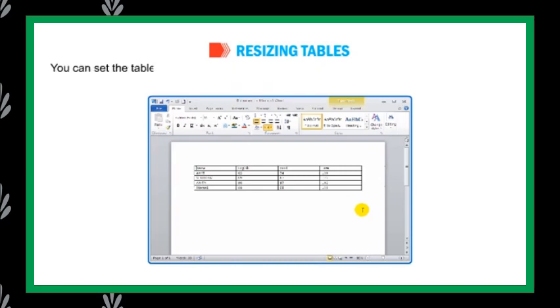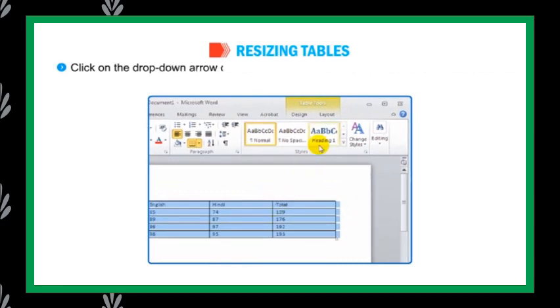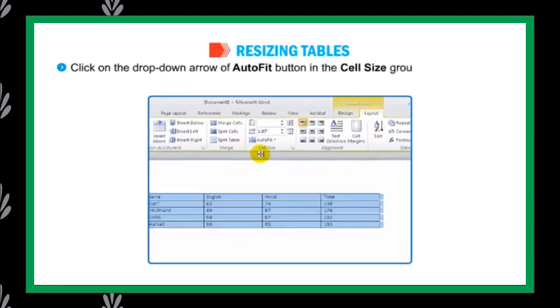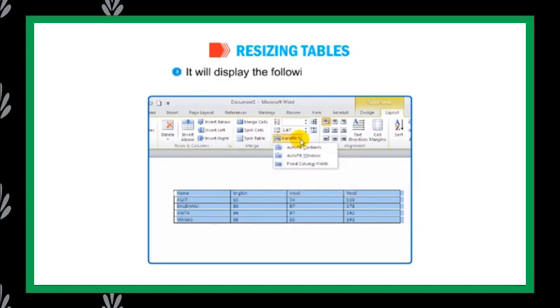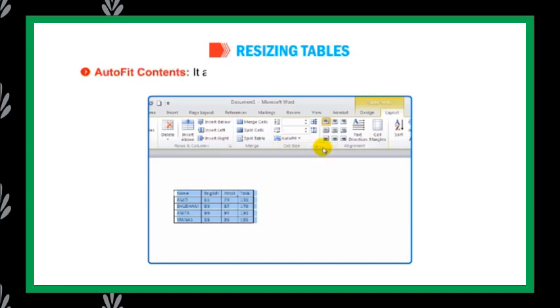You can set the table width based on the window size or convert it back to use fixed column width. Click on the drop-down arrow of Auto Fit button in the Cell Size group on the Layout tab under the Table Tools tab. It will display the following three options. Auto Fit Contents. It adjusts the column width according to the data entered.